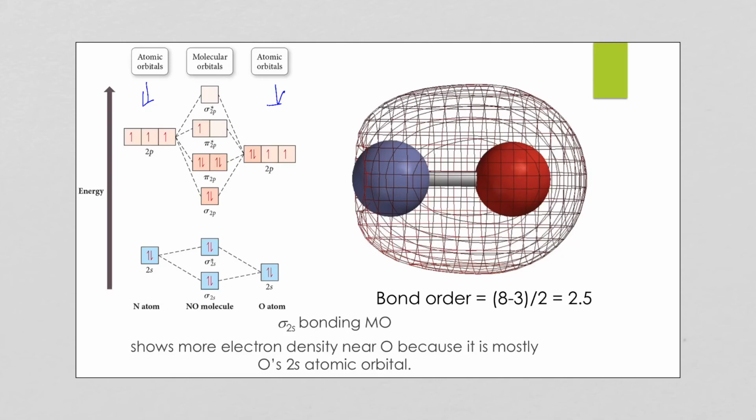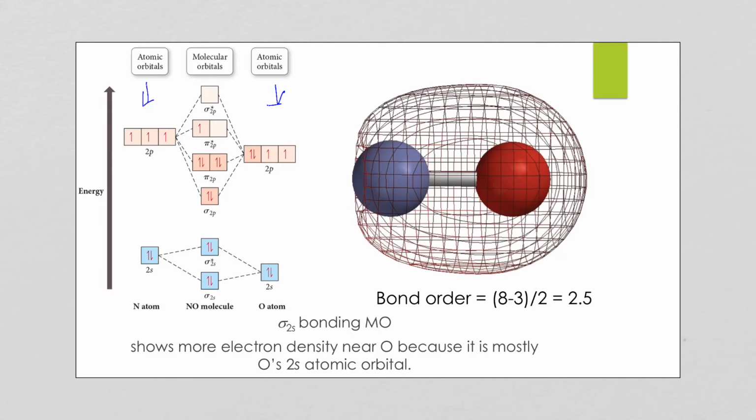And we see the same thing with the p's, right? So the bonding 2p molecular orbitals, the sigma and the pi's, will have more of the oxygen characteristic, if you will, and the antibondings will be more like the nitrogen ones.